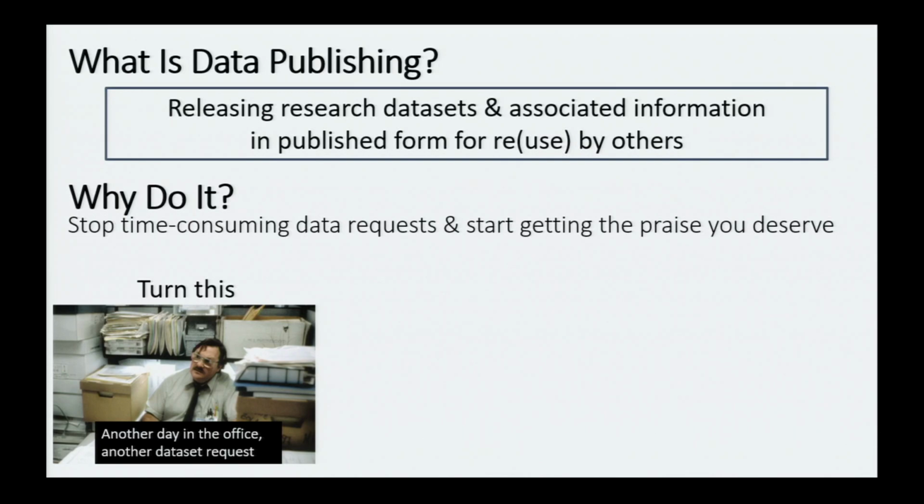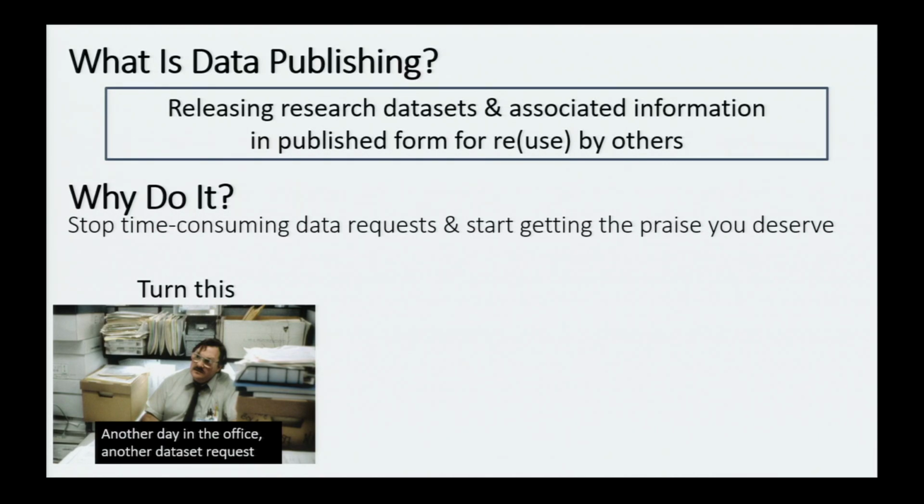Okay, so now that we've got that overview, what is data publishing? Really what it means is releasing research data sets and associated information, that metadata, in published form for reuse by others. One reason that we promote doing it is because sometimes in our office, for instance, people are getting a lot of data requests because we do a lot of long-term ecological monitoring.